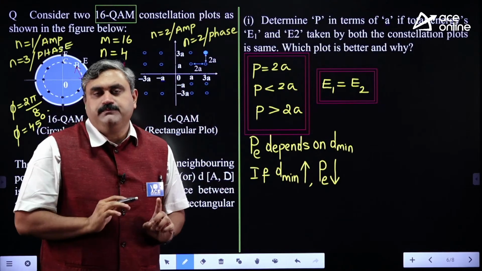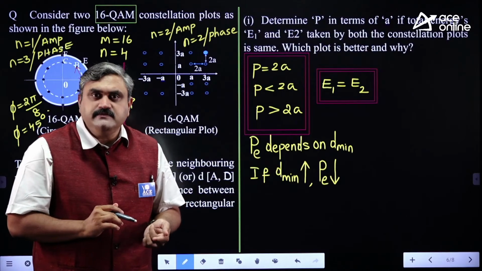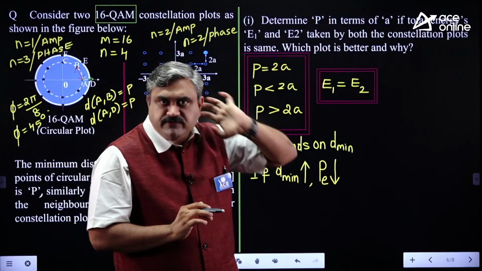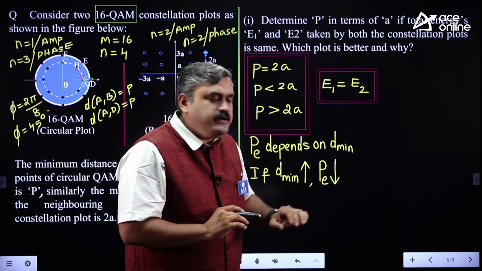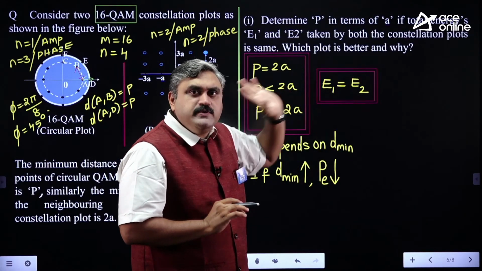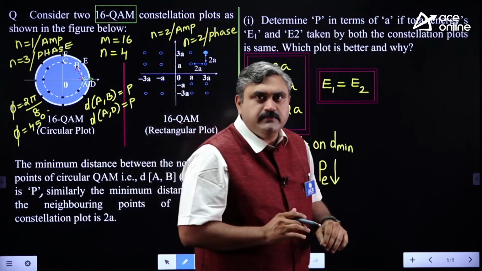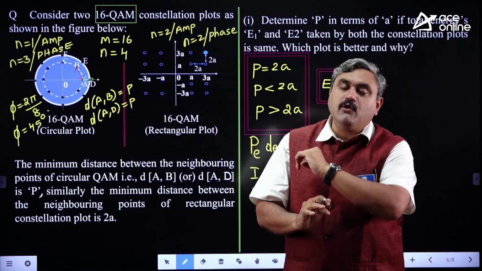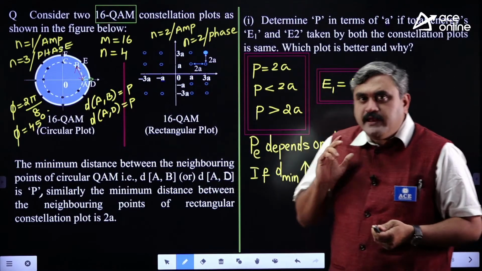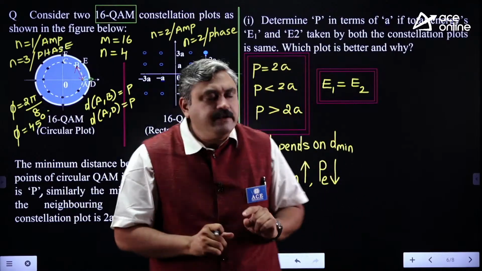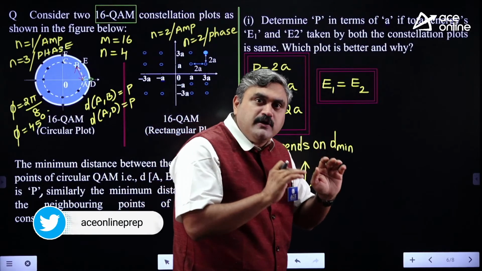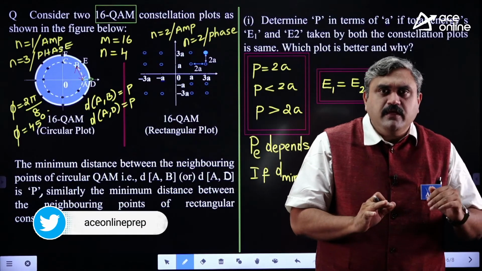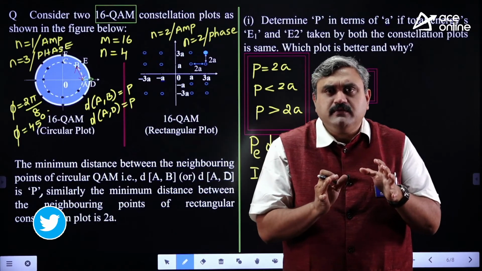This is one part. The other part is, you only take P equal to 2A. First I have explained: take E1 and E2 to be the same. I will explain the points clearly because time is also running up. Let me come to a conclusion on how to solve this question. What I am telling here is that the energy taken by both the plots is the same. I only gave you that point. That means, it is like, I will tell you one example.